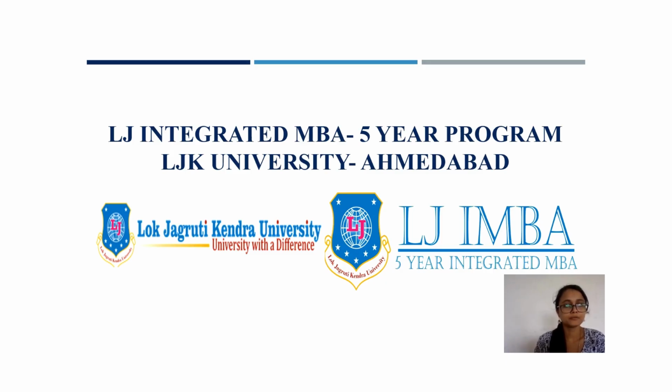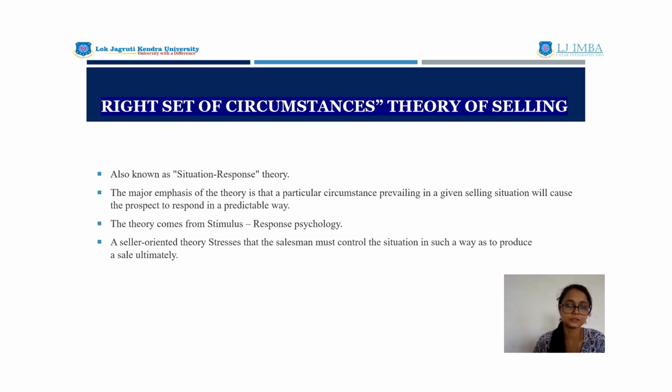Today I am here with the second theory of personal selling, that is the right set of circumstances theory. Although modern sales practices have evolved significantly, this theory laid the groundwork for understanding how environmental and psychological factors influence the buyer's decisions.